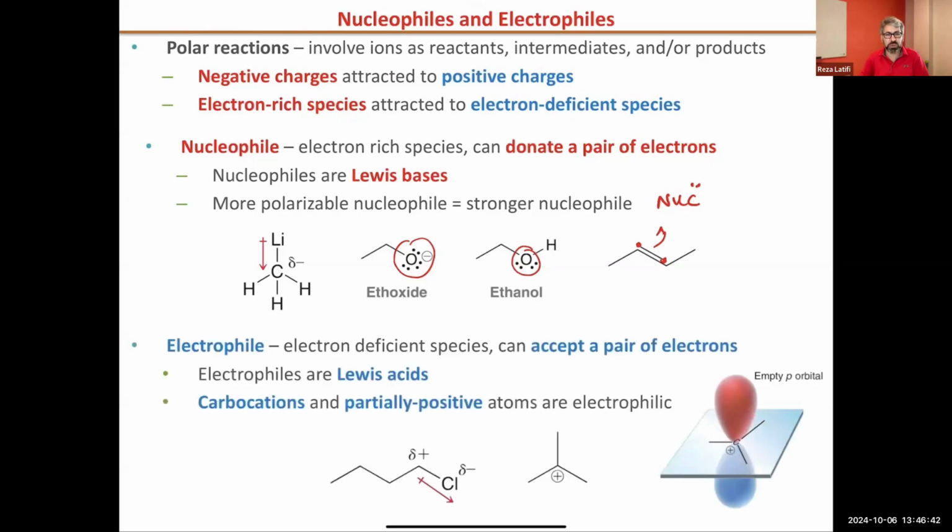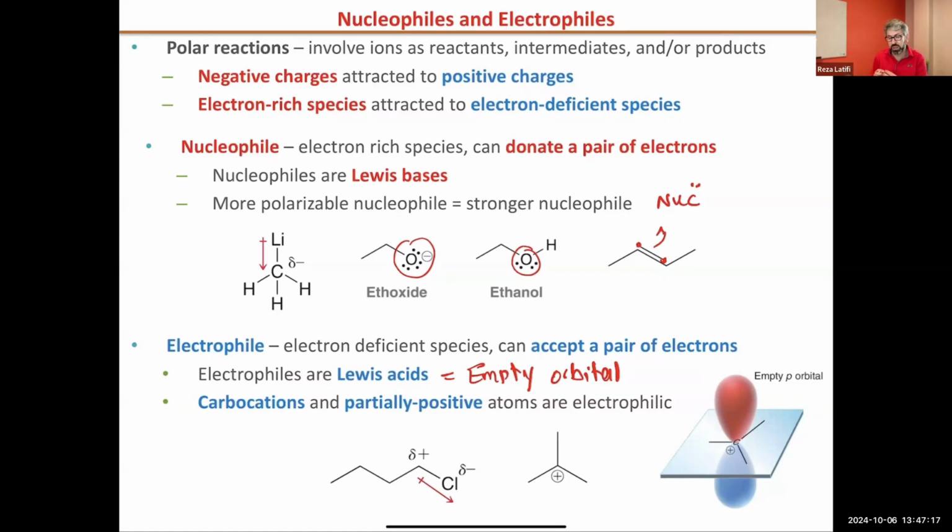Next part is the electrophile. Here, what do we have? We have a particle with a positive charge, and that particle has an empty orbital. Any nucleophile is going to have electrons, and those electrons repel each other.